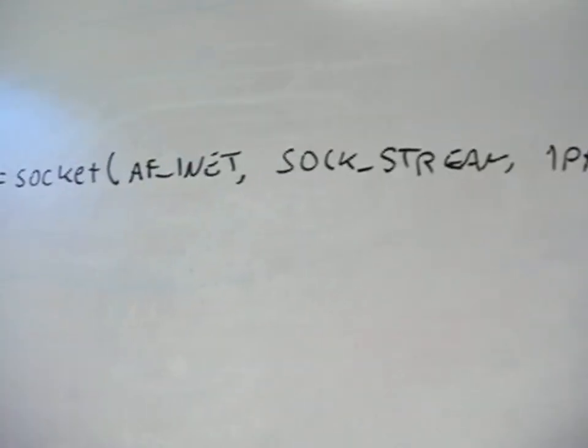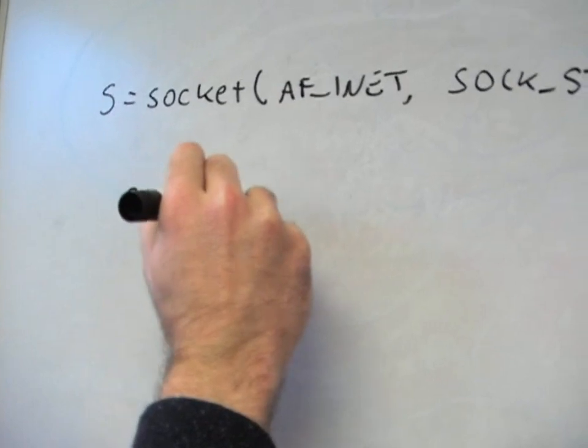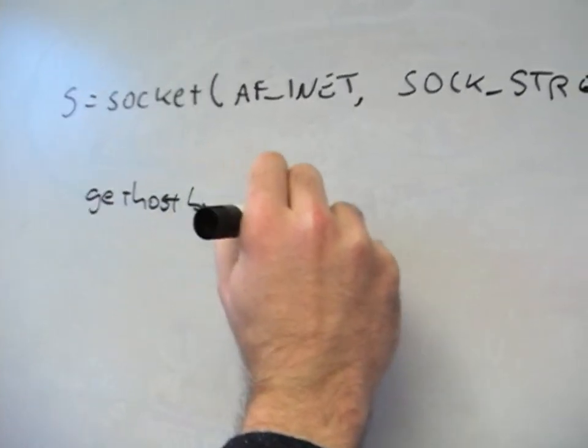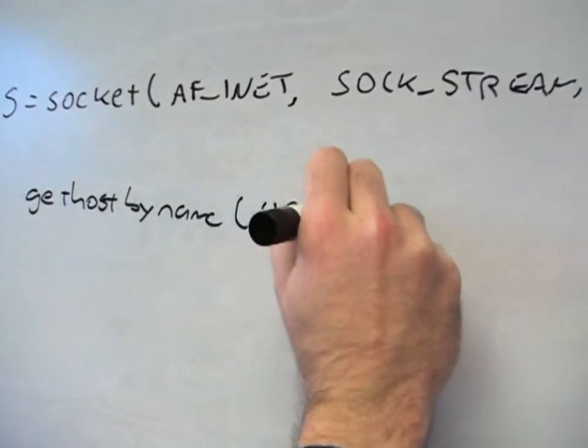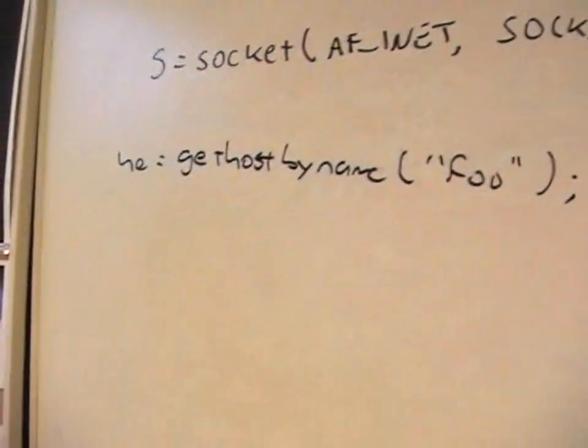So you create your socket, and then the next thing that they would do would be gethostbyname. And here you pass in whatever host that you're connecting to. So they do this. This would return to you a host entry structure, and from there they'd also assume that you only got one v4 address back.